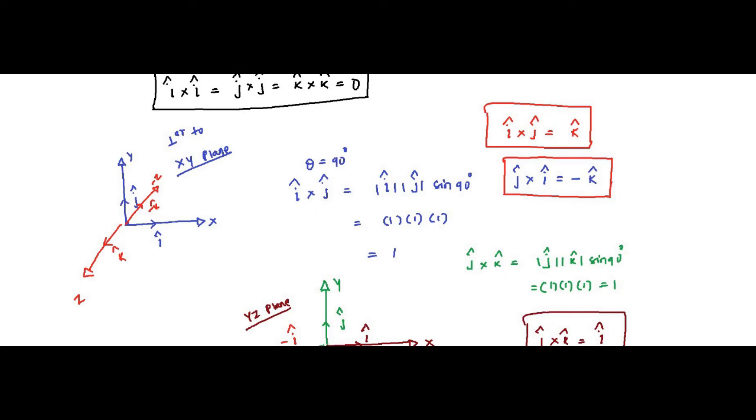Now, let's say there are two vectors, a vector represented as ax i cap plus ay j cap plus az k cap, and another vector, b vector, represented as bx i cap plus by j cap plus bz k cap, where ax, ay and az are the x, y and z components of a vector, and bx, by and bz are the x, y and z components of b vector.